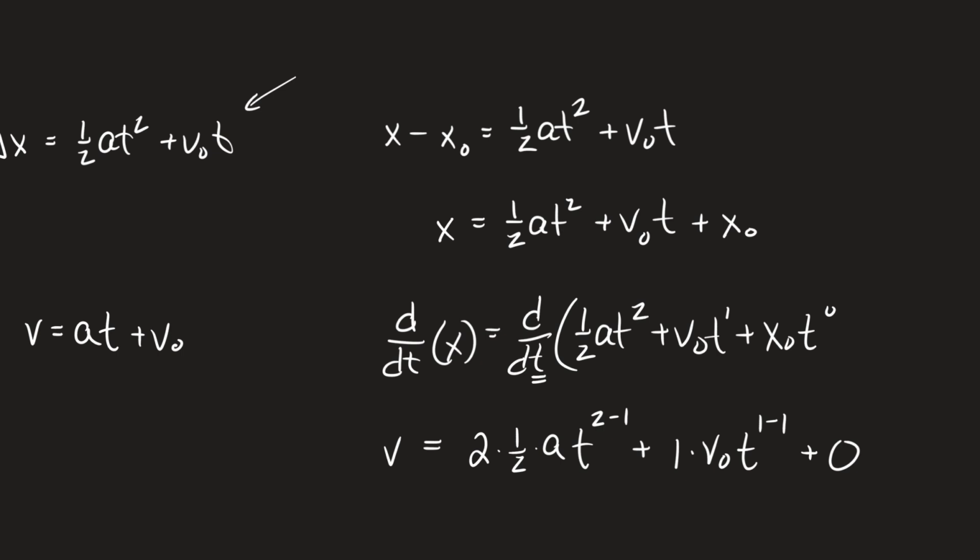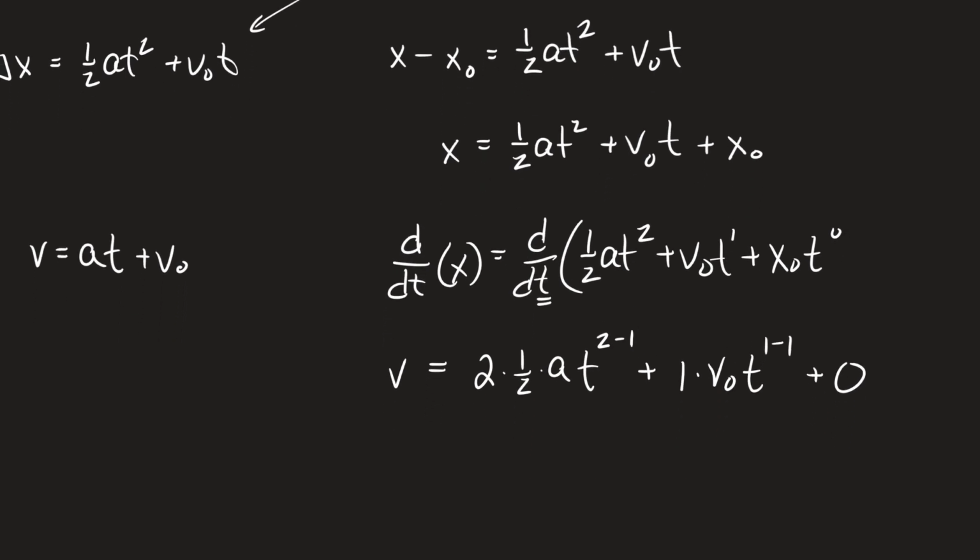This is our velocity function. But wait, simplify this. 2 times 1/2 is just 1. So this is a t to the 2 minus 1 power. That's just t to the 1 power. Plus, t to the 1 minus 1 is t to the 0 power. So that term goes away because it's just 1. I'm left with v naught.